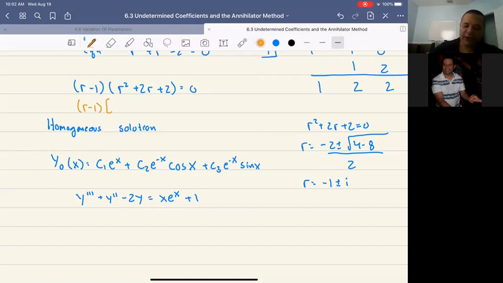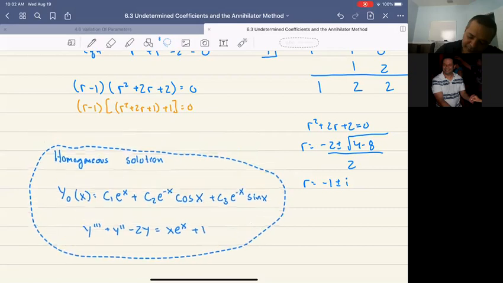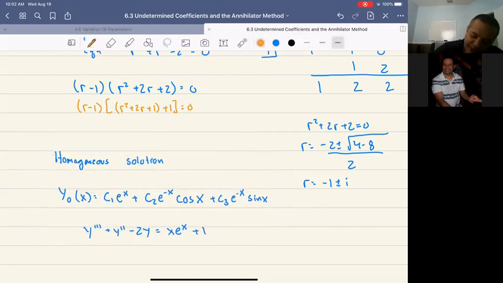I'm going to write r squared plus 2r plus 2 as r squared plus 2r plus 1 plus 1. So now I'm going to write this as r minus 1 times r plus 1 squared plus 1 equals 0.